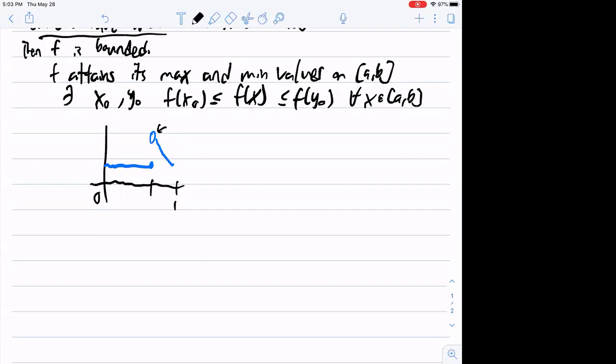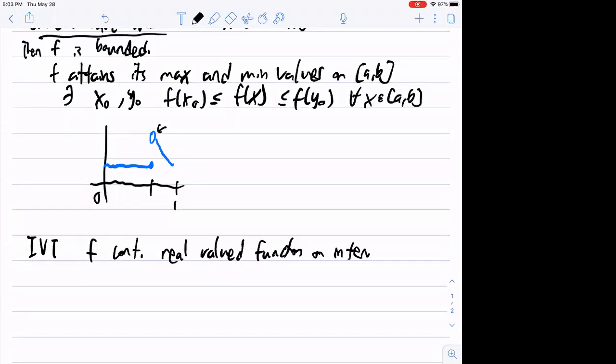The second property is the IVT. This is pretty important. If f is a continuous real valued function on an interval I, then f has the intermediate value property.